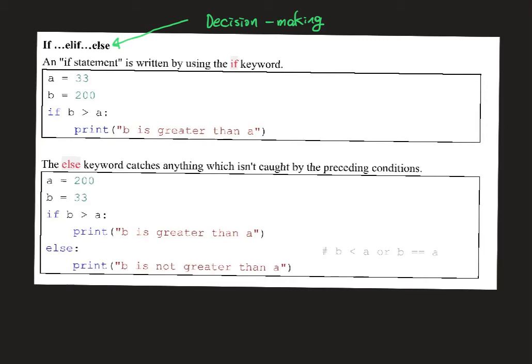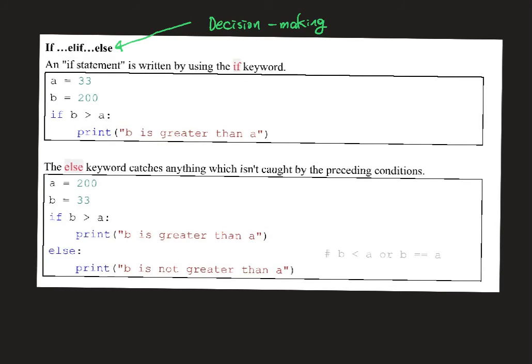If else, what's the meaning? This if means 如果, else means 否則. Okay, how to use these words?